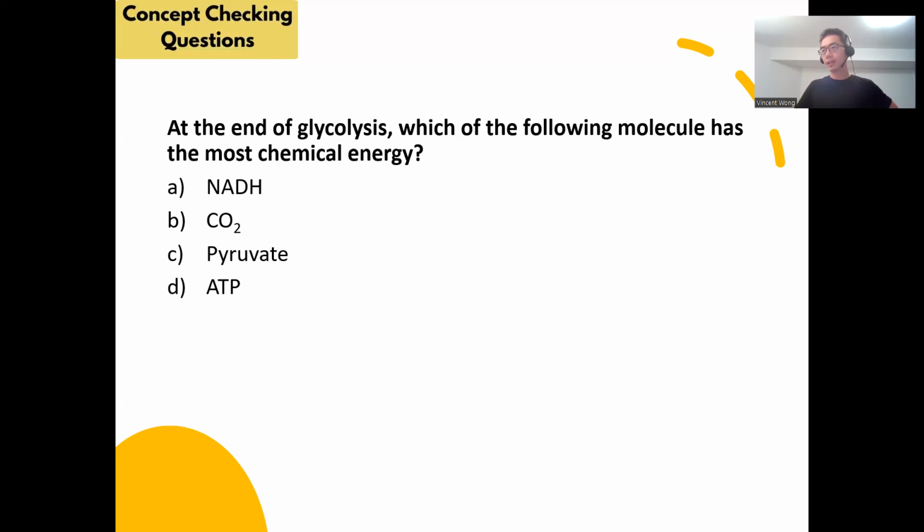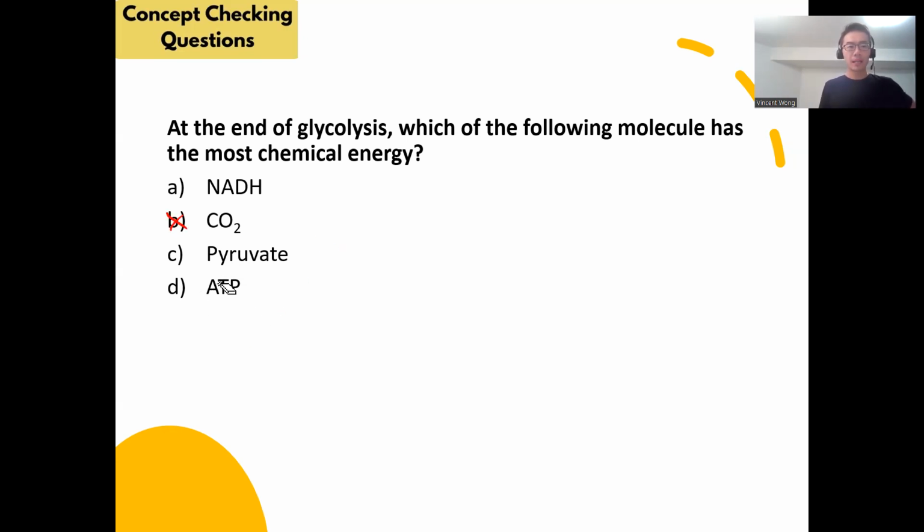All right, I'm gonna leave it at that. Okay, so let's see. Glycolysis, right? We generate pyruvate, we generate NADH, we generate ATP. We didn't even generate carbon dioxide, so that's out of the question.